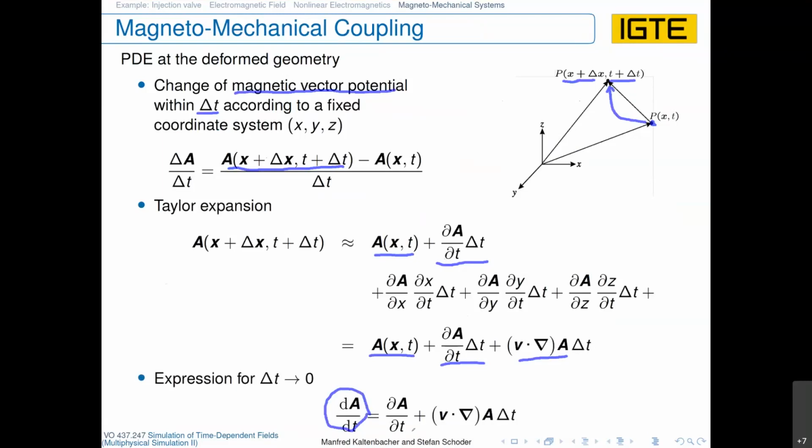And that is why we have the classical partial derivative of the vector potential with respect to time, and this additional so-called convective term we have here, which is the velocity dot product with the nabla operator operating on the magnetic vector potential. And what is too much here is this delta t, so we have to cancel it out. That's a mistake on my slide.